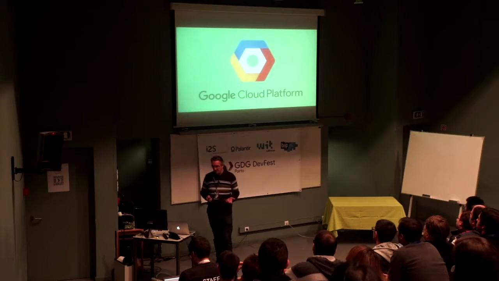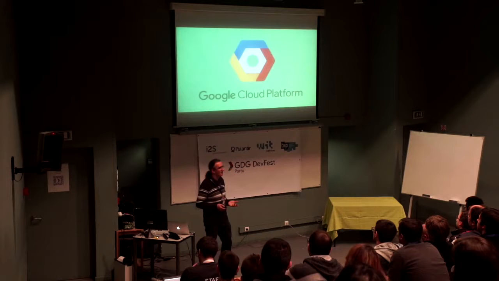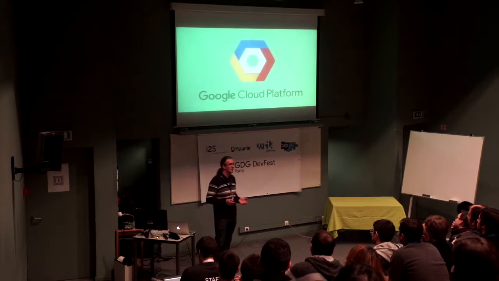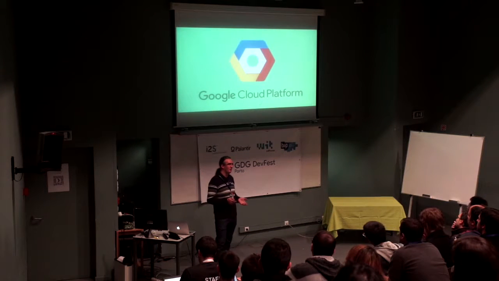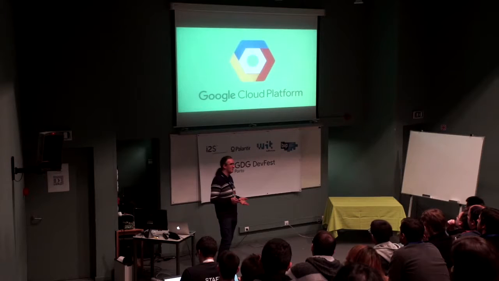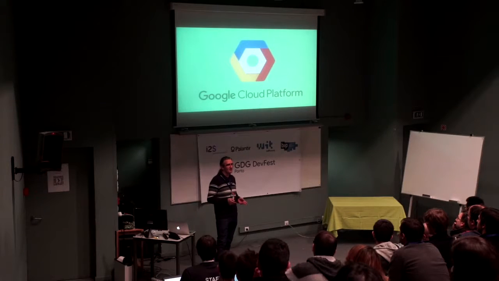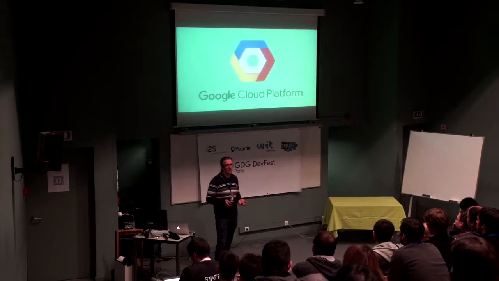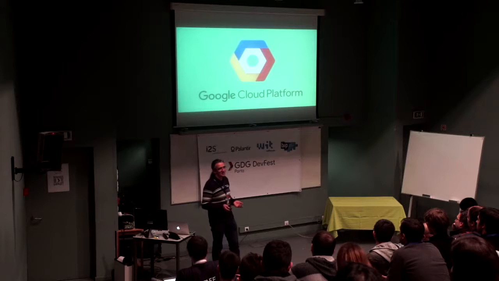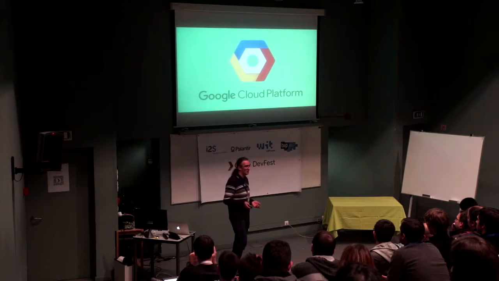And so enter Google Cloud Platform. One of the things that we noticed is that Google Cloud Platform would give us a very cool advantage over Amazon: price. It's quite significantly cheaper than Amazon in terms of computing, and as you know, for a startup, price is very important.